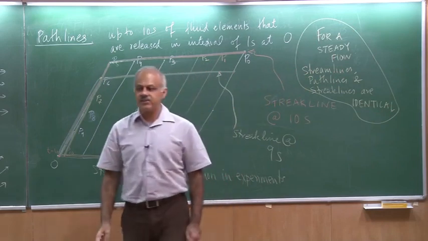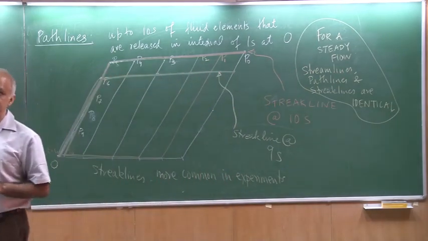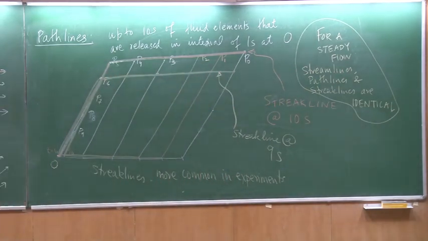So, if you had a steady flow, then all three are exactly the same. That is a very special case. But if you had an unsteady flow, then as I showed you, they are different.